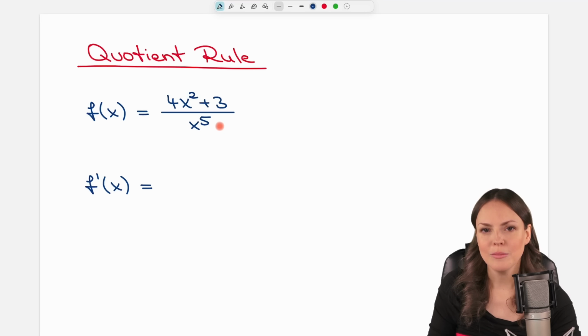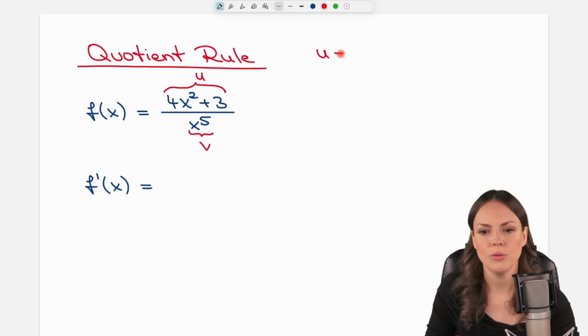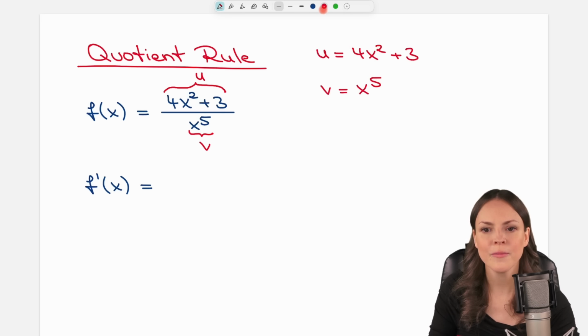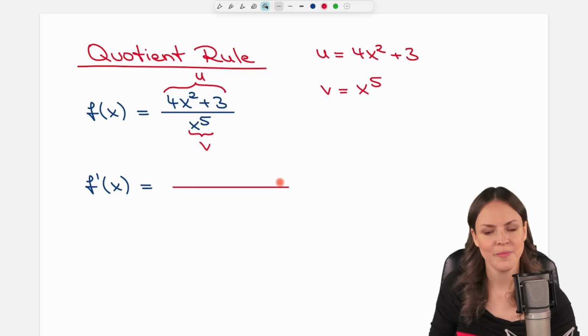But it's very similar, and this time we call the numerator u, and we call the denominator v. So in our case, u is 4x squared plus 3, and our v is x to the power of 5.